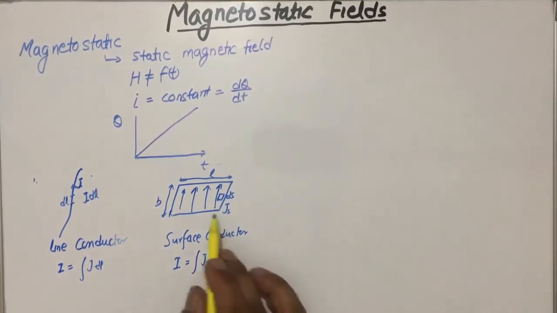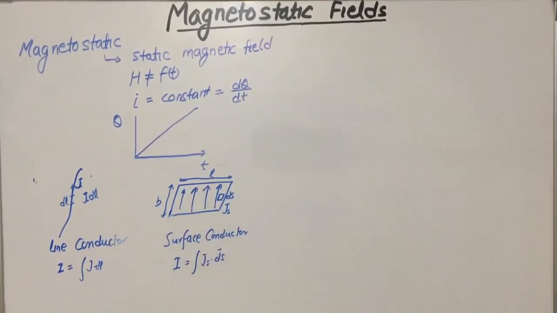It will be the total current flowing from the surface. Actually you can consider any thickness, and if you want to find the surface conductor, then the limit of this thickness tends to 0. In that case, the conductor can be assumed as a surface conductor.